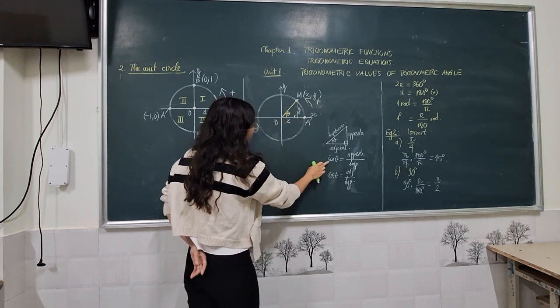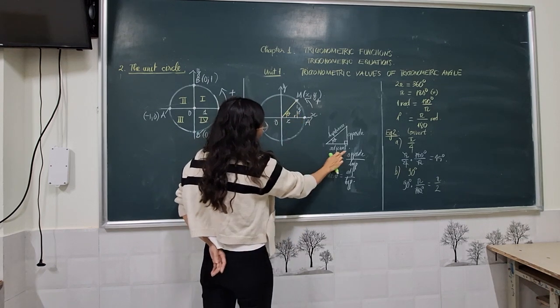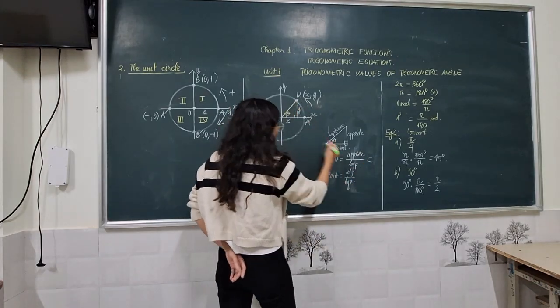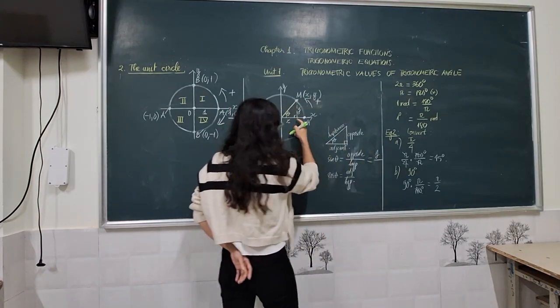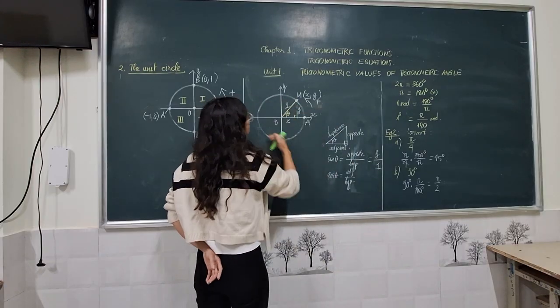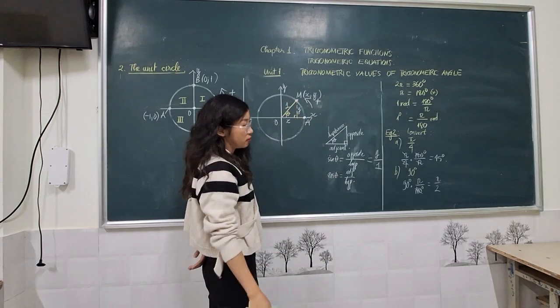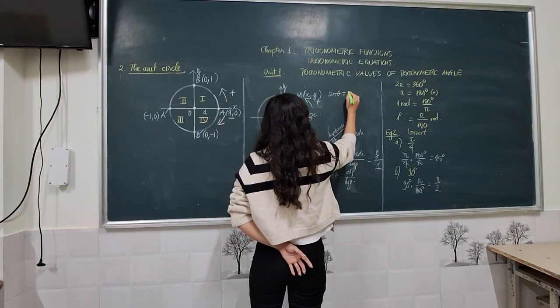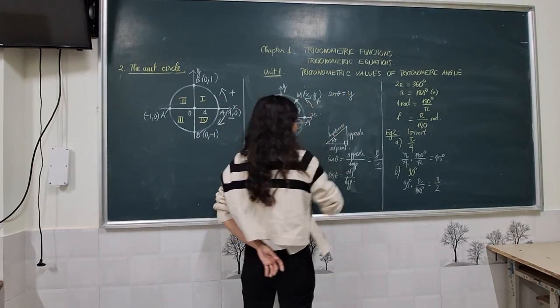So remember, sine theta equals the opposite over the hypotenuse. The opposite is y and the hypotenuse is 1. Why? Because that is the unit circle with radius 1. So sine theta equals y.